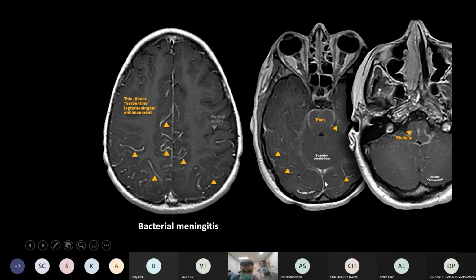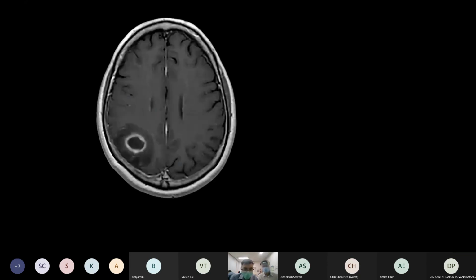If there is a lot of enhancement at the cisterns, you need to suspect basal leptomeningeal enhancement, where most likely the etiology is TB meningitis, because TB likes to deposit at the basal meninges.